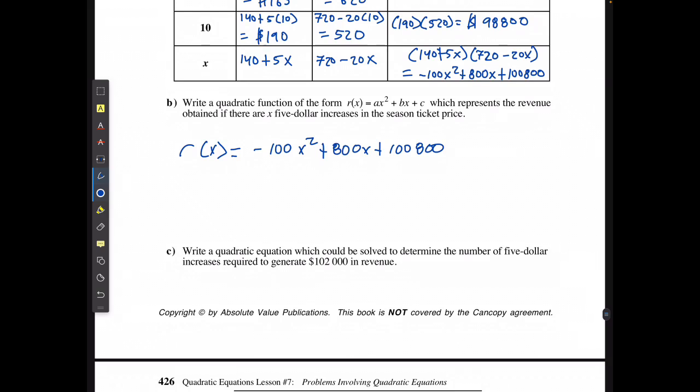If I'm writing a quadratic equation which could be solved to determine the number of $5 increases required to generate 102,000, well then I'm going to replace my revenue with 102,000. But my quadratic is still the same: negative 100x squared plus 800x plus 100,800.